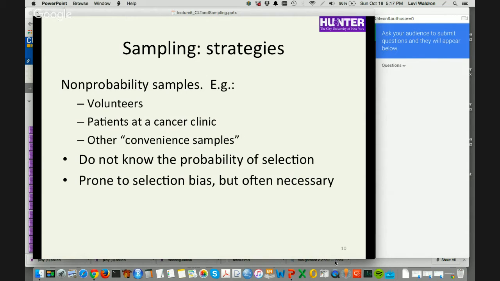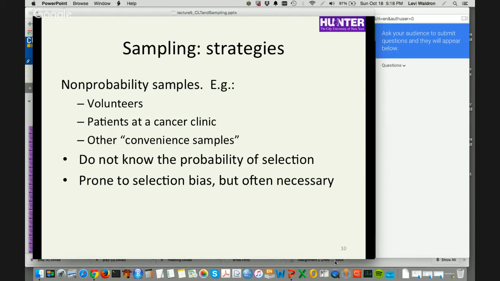So then finally, those are all probability samples, where the researcher defines the probability of selection and knows what the probability of being selected is for each individual in the sampling frame. Non-probability samples are where we don't know what the probability of selection is, and it's not controlled by the researcher. So, for example, you put a notice on the internet or in the newspaper calling for volunteers, and then your subjects are whoever comes in to volunteer.